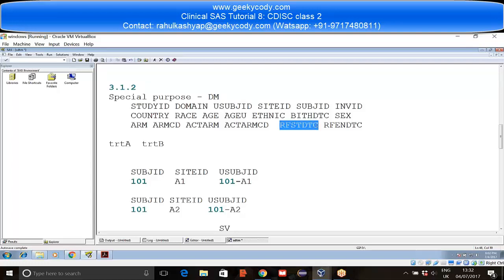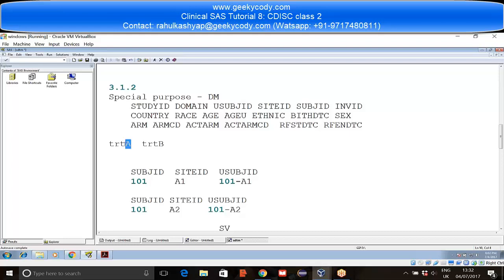That is when they started taking the treatment, the first date. That is the start date. Or the randomized date also. Sometimes the randomized date and the start date will be the same, sometimes they may not be the same.